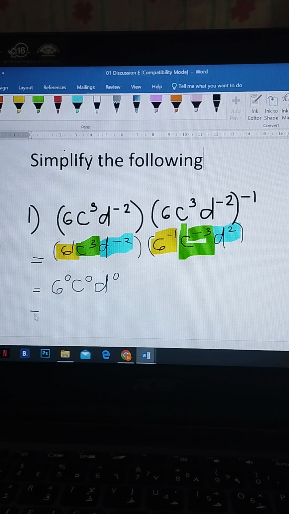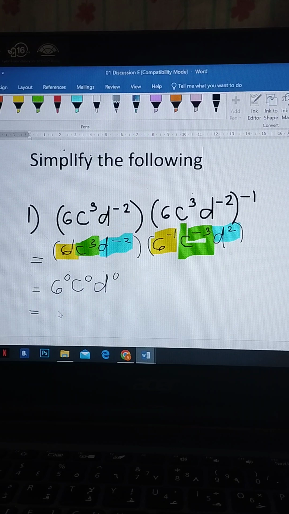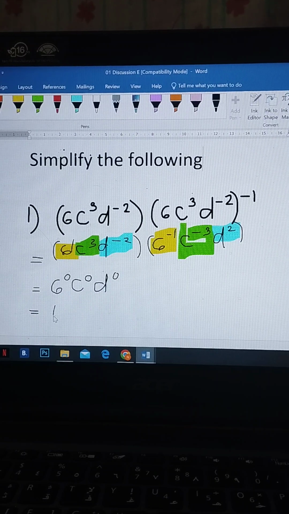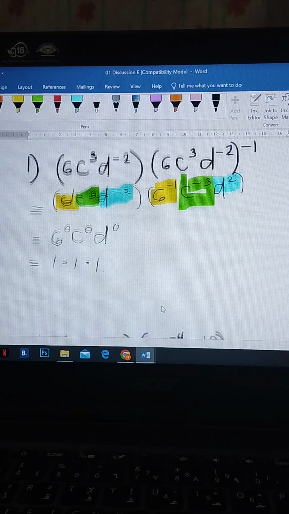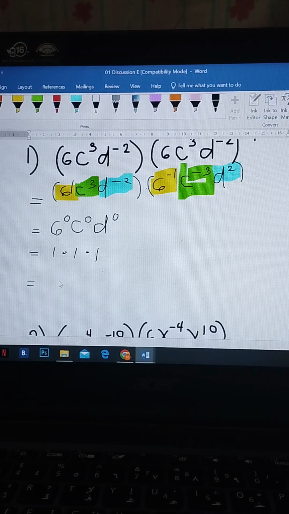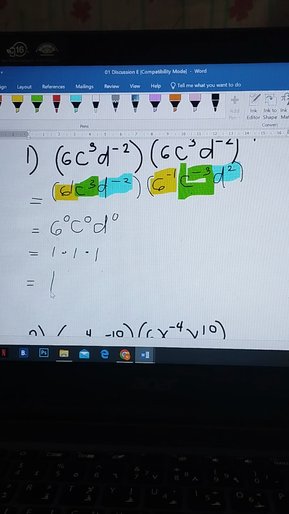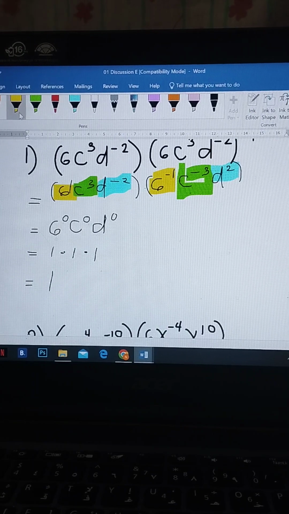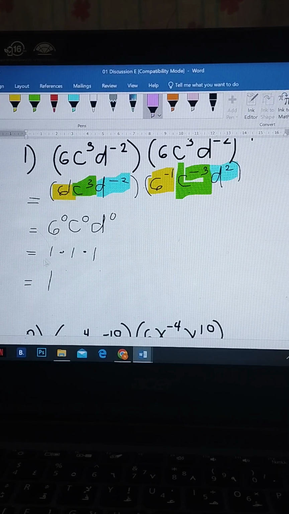So therefore, 6 raised to 0 is equal to 1, c raised to 0 is also equal to 1, and d raised to 0 is also equal to 1. So the answer for this is 1 times 1 times 1 is equal to 1. So final answer equal to 1.